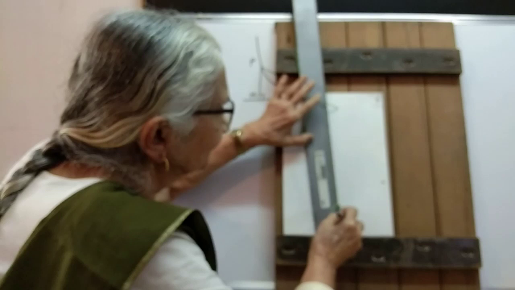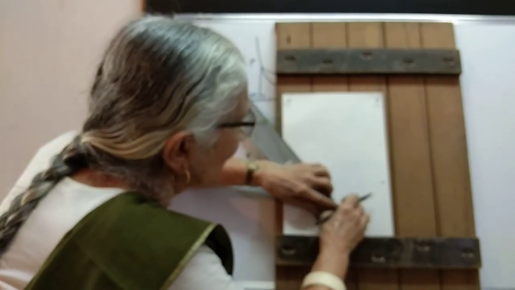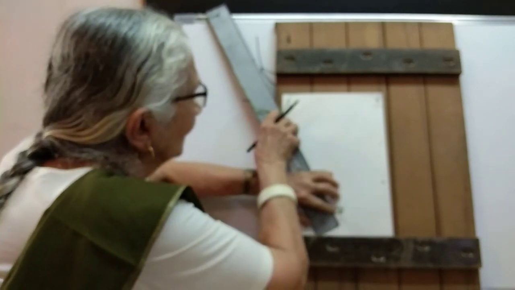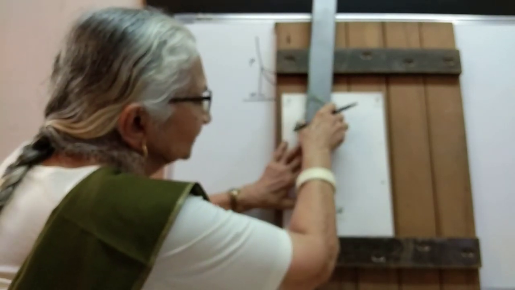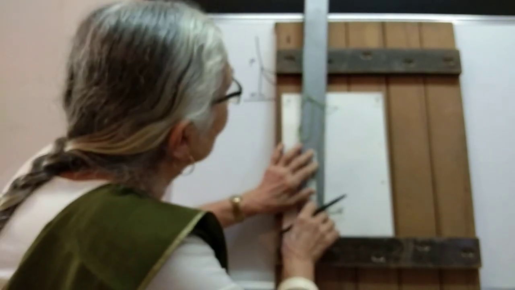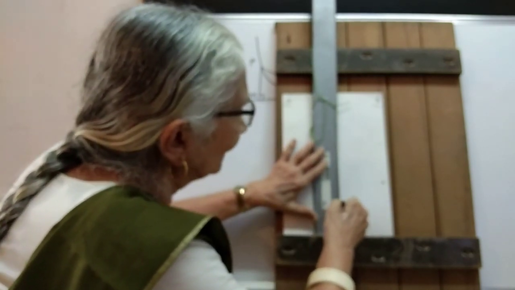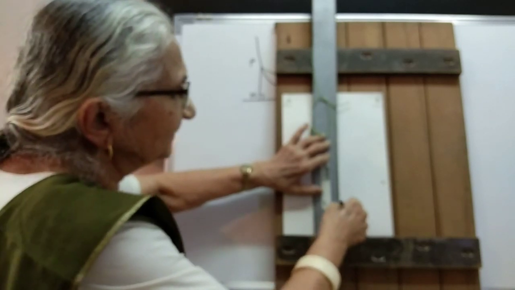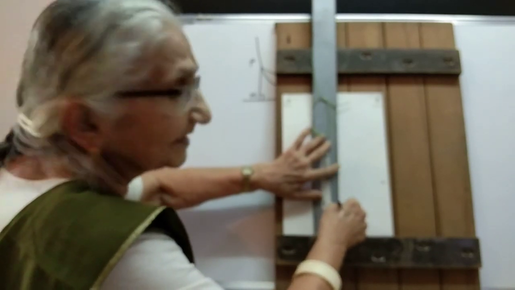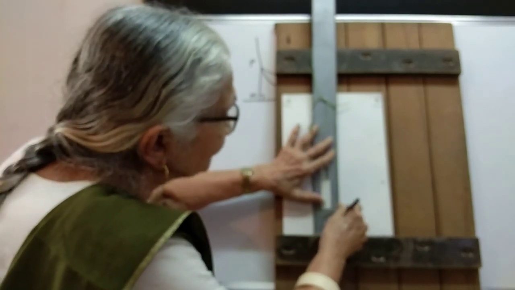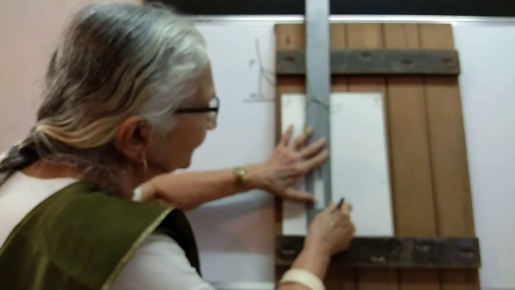What we have described, I just put the thread inside and now I start from here. I have to keep this tight, always touching the strip that I have here, and the strip should be moving.